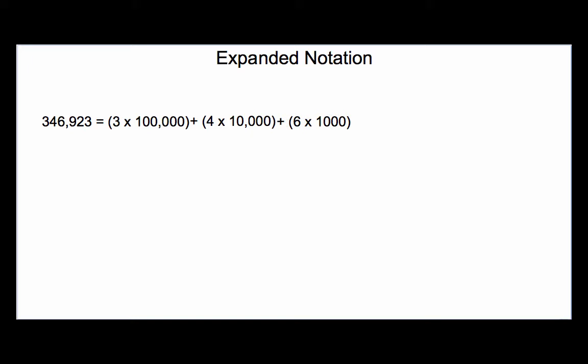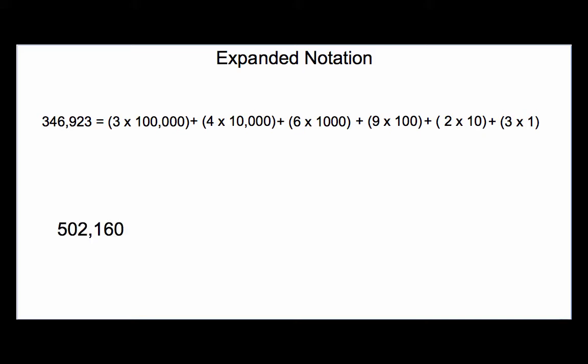Then we add the value of the thousands place, which is 6 times 1,000. Notice the pattern. As we move to the right in place value, we lose a 0. Plus 9 times 100 plus 2 times 10 plus 3 times 1.